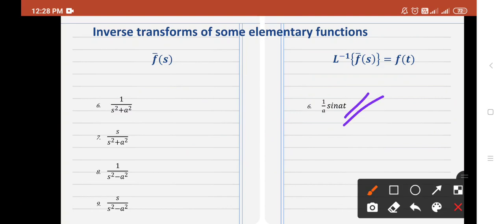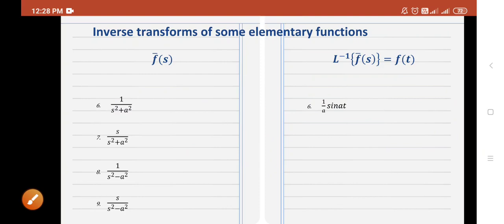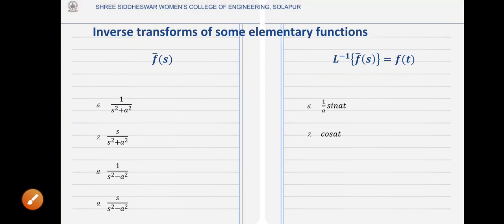The second one also you can easily verify. You must be ready with these answers. The answer is cos at. The 6th and 8th are similar ones: 1 upon a sin hyperbolic at. The 7th and 9th are very similar, and surely the answer for the 9th one is cos hyperbolic at.